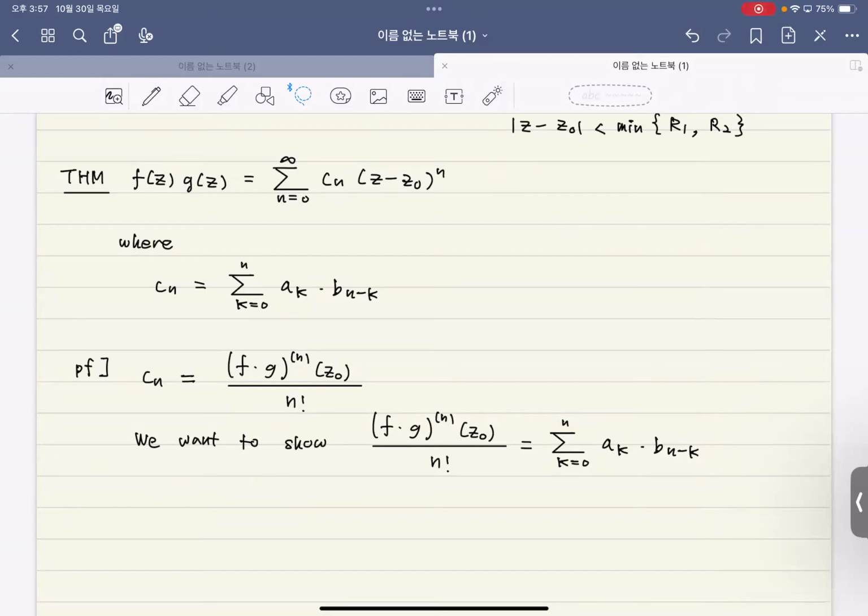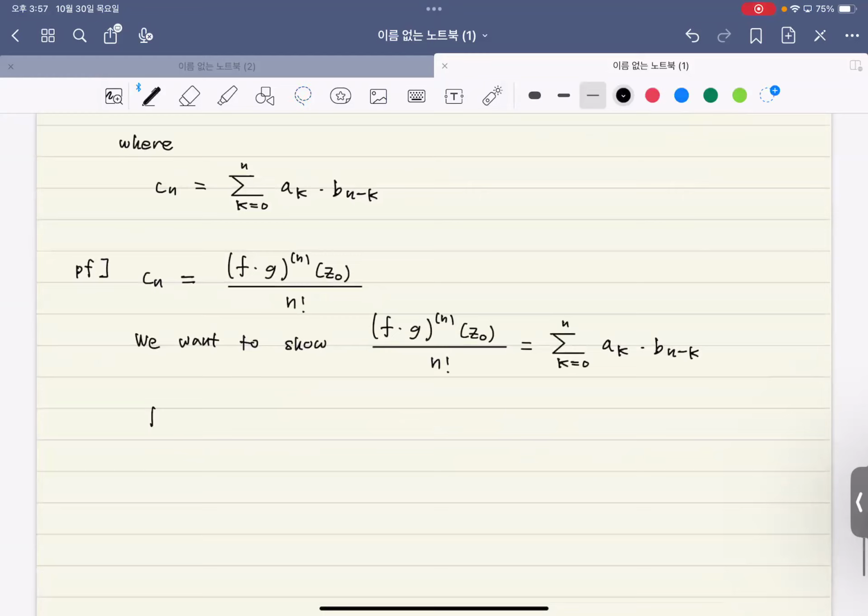This is a very tedious exercise. To show this, I will need to take the nth derivative of f times g. How do you get the nth derivative of f times g? Obviously by using the product rule for differentiation.